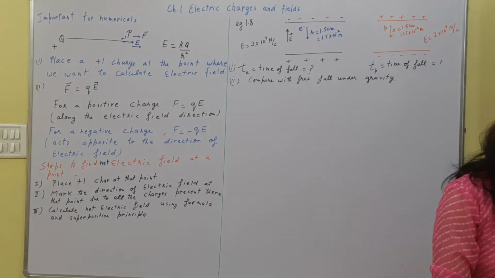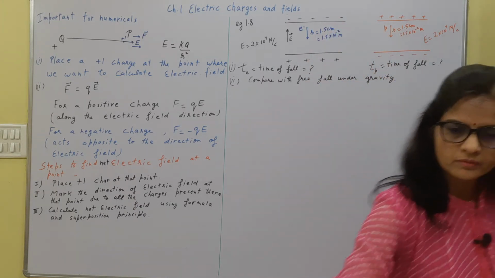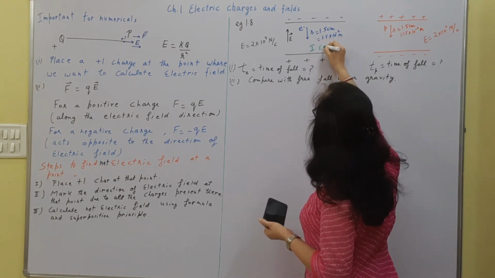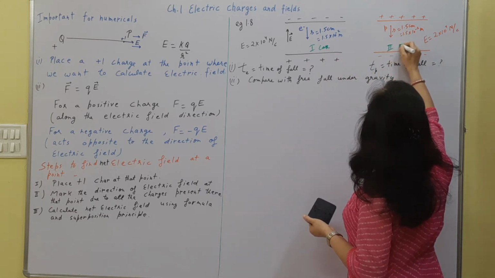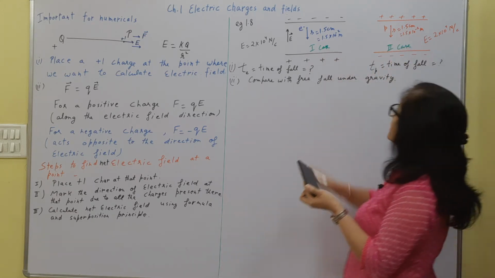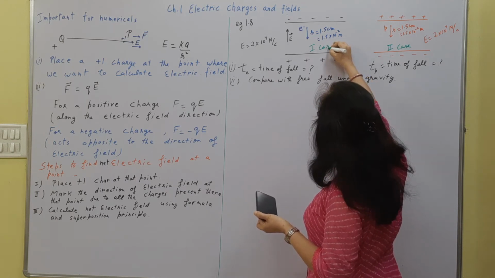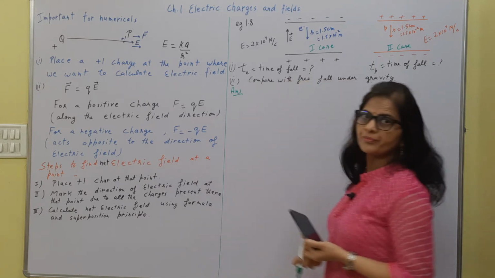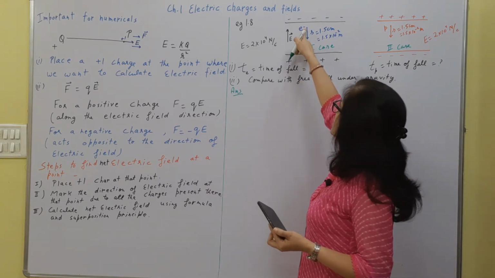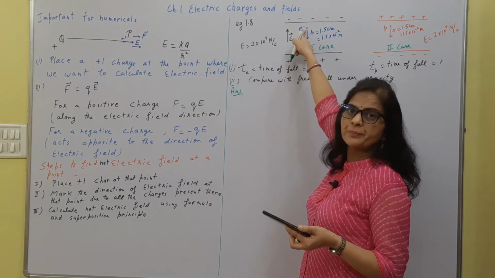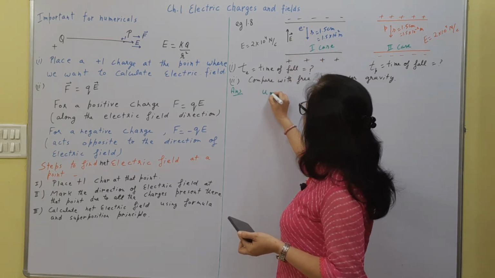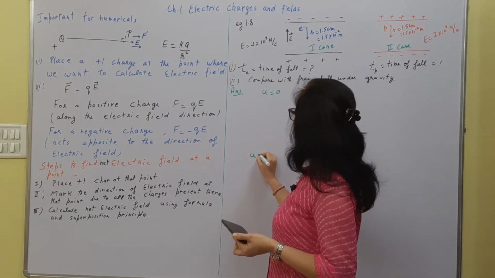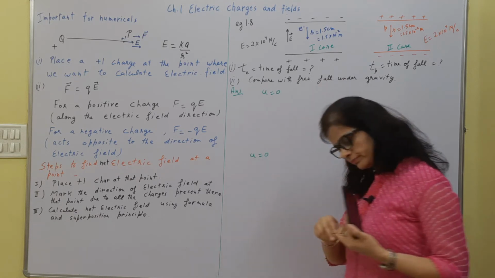Let's consider this as first case and this as second case. So first case is that of the electron and the second case is that of the proton. Now it is falling, so that means it is falling from rest. So we can consider that u is equal to 0 in this case also and u is equal to 0 in second case also.